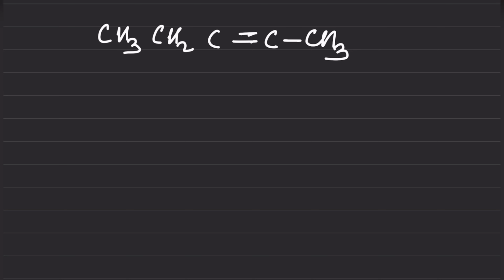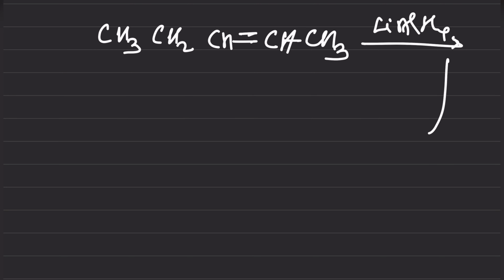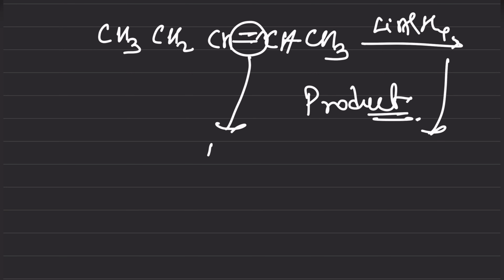Suppose that there is a reaction with CH3CH2CH=CHCH3, and LiAlH4 is there as a reducing agent. What will be the product? It will not reduce this alkene.